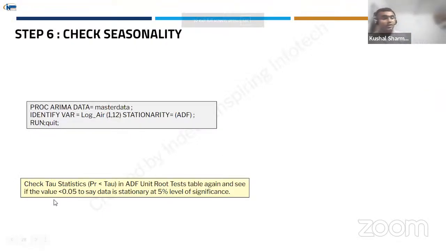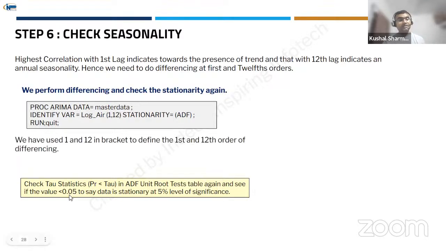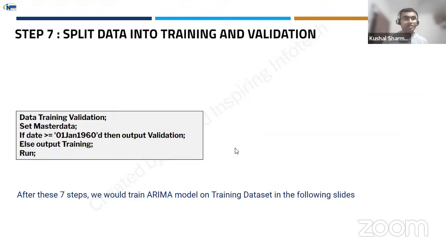The tau statistic says that if the p-value is less than 0.05, then we can say that the data is stationary at the 5% level of significance. That is what we can say. We expect it to be less than 0.01. So here first order differencing removes the trend and second order differencing removes the seasonality that we have discussed.